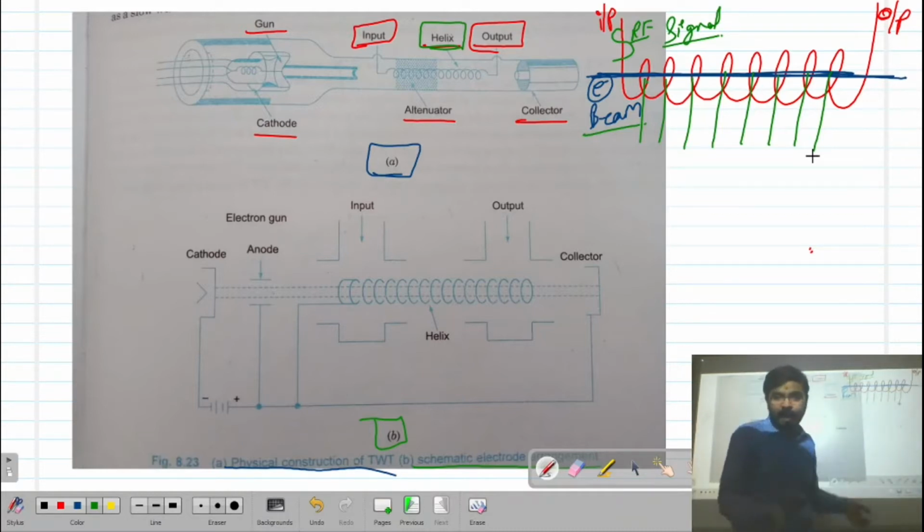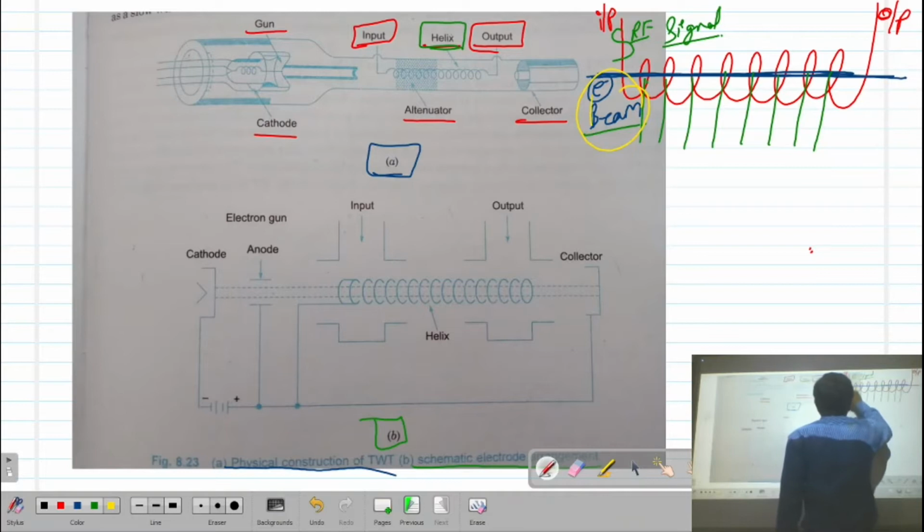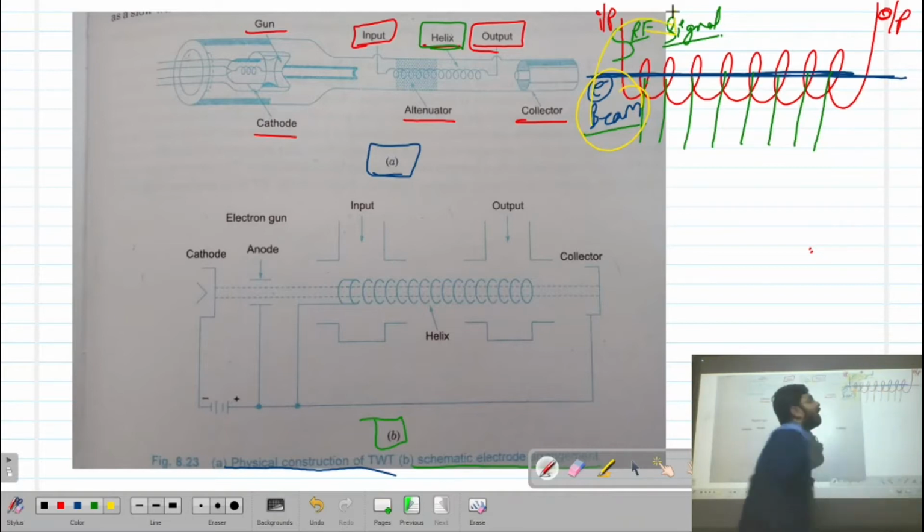In each interaction, this electron beam will try to impart energy to the RF signal.